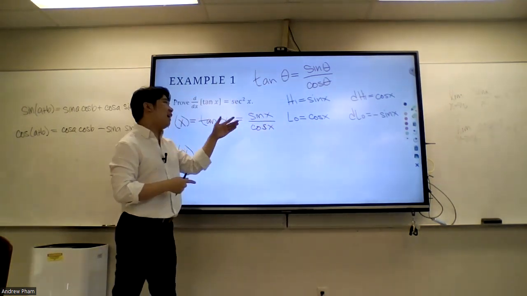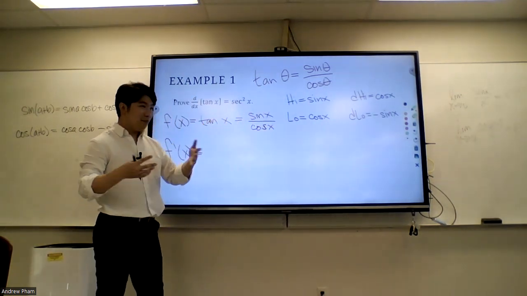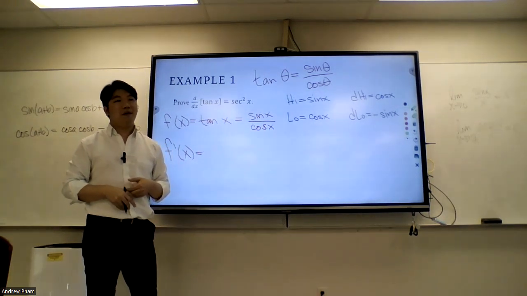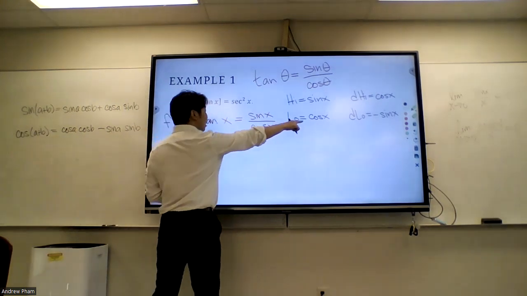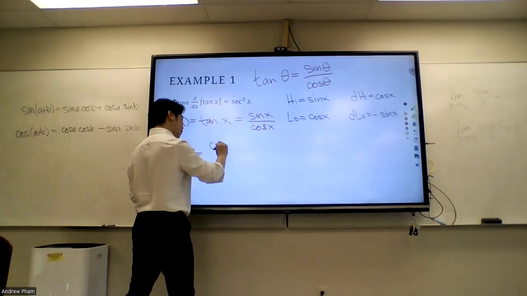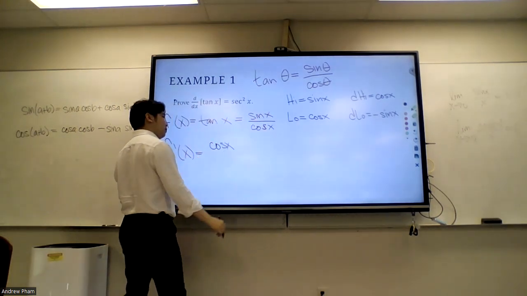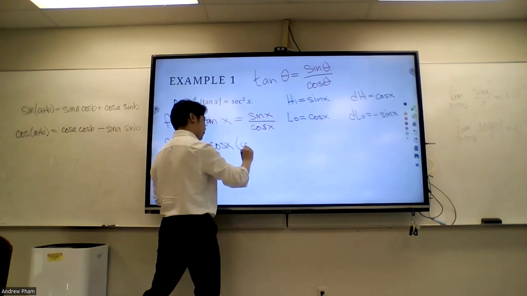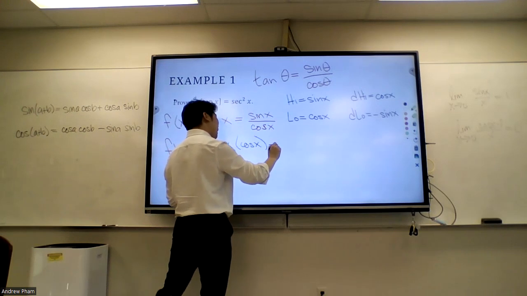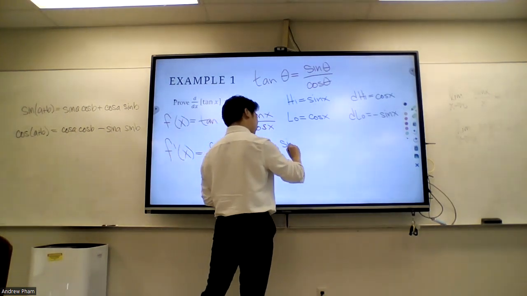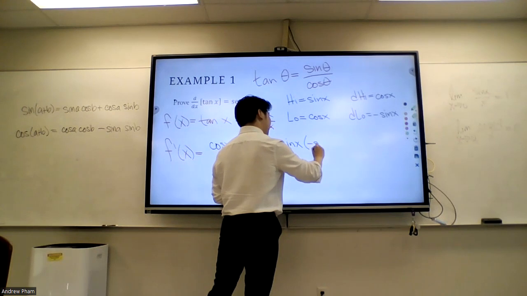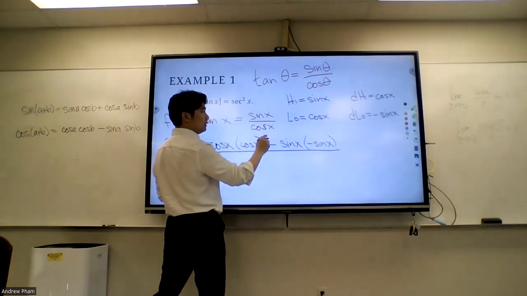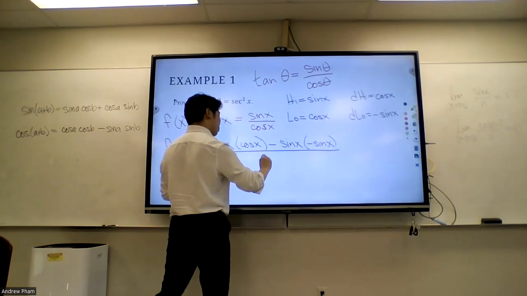All right, so I have my high, low, d high, d low. Now I'm going to use my quotient rule. Quotient rule states that the derivative of a quotient is the low times the d high, minus the high times the derivative of the low, all over low squared.